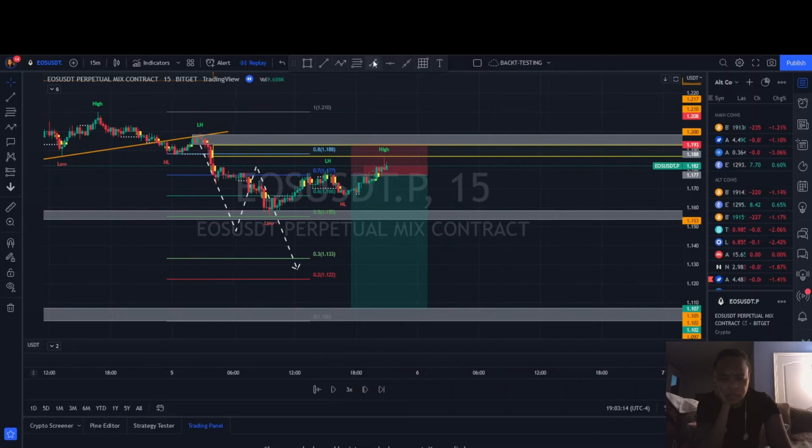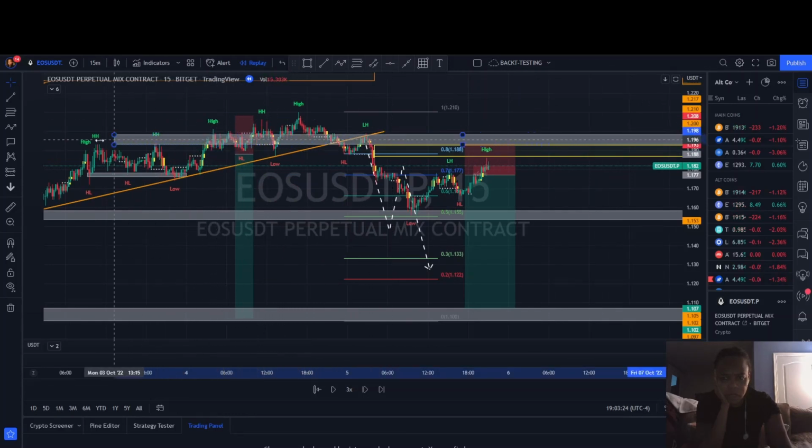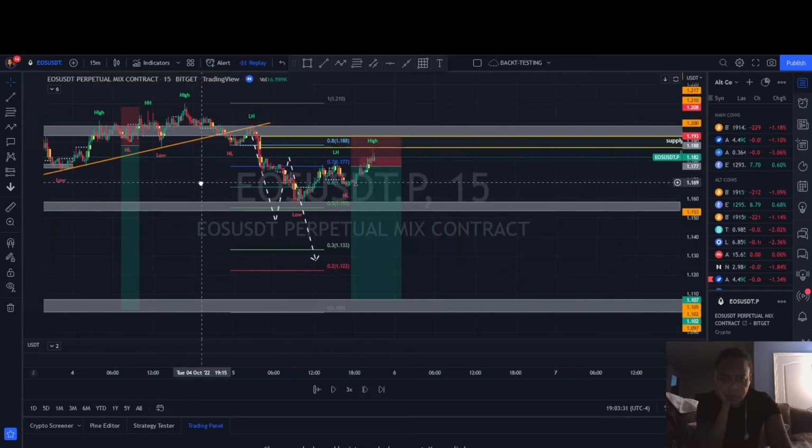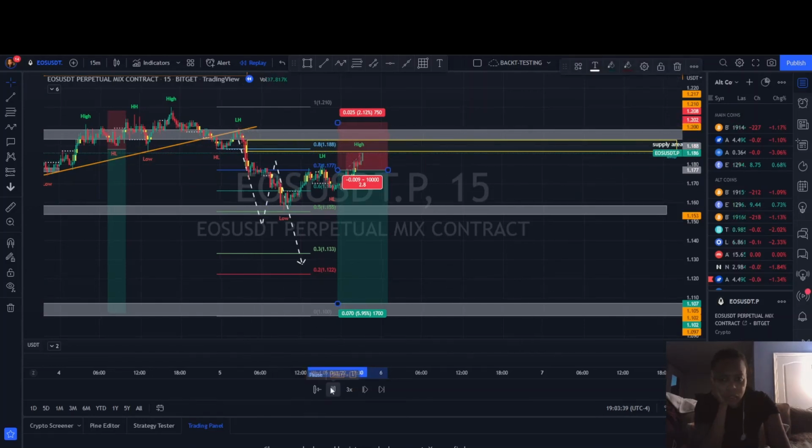Dropping, and hold on. So this is a thought. Just realized there's this area that we sort of marked out as a bit of a supply area, support resistance. Okay, so the stop should actually be above this lower high right there. And let's see.